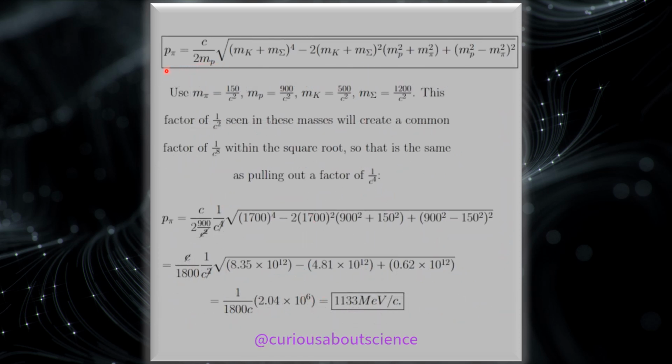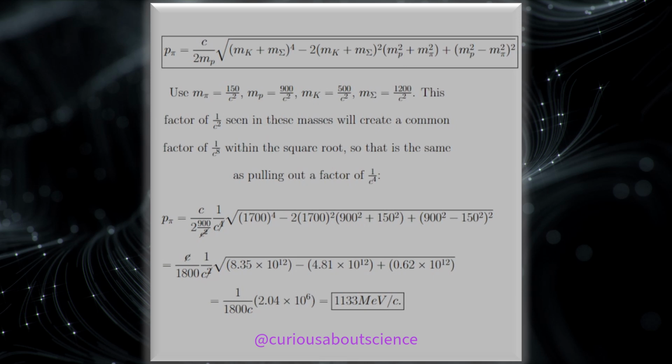That being said, we could solve this explicitly for the momentum of the pion by multiplying that other thing over, and we see this is exactly what we wanted. However, we note the masses were given in terms of mega electron volts, so that tells us we have to divide by the c squared term. And at this point, I have no curiosity to want to plug it all in my calculator.